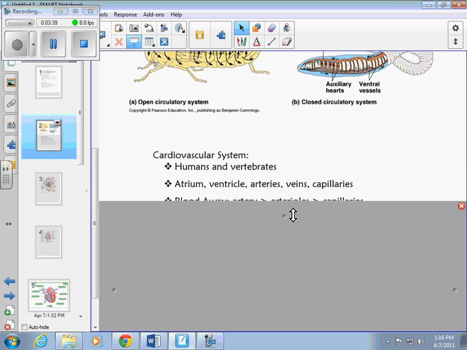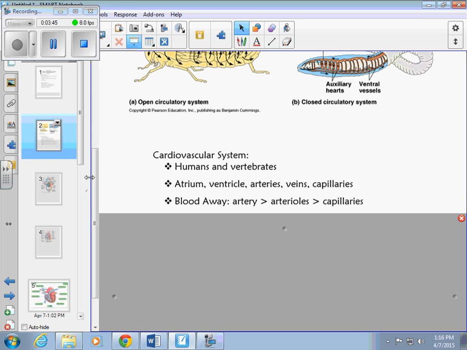Now, in our system, in humans and vertebrates, we call it the cardiovascular system. And this cardiovascular system consists of a heart with atrium chambers and ventricle chambers. There are arteries, there are veins, there are arterioles, there are venules, and then there are the really smallest blood vessels of all called capillaries.